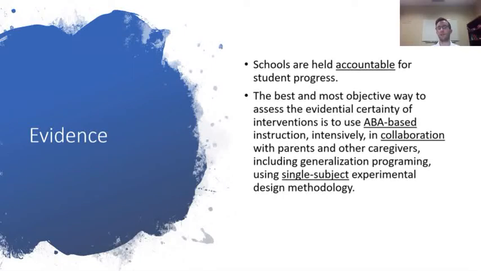And notice here I'm putting an emphasis on generalization programming, because it's not enough to focus on the acquisition of new knowledge and skills, but their application in real-world novel scenarios and situations and conditions.